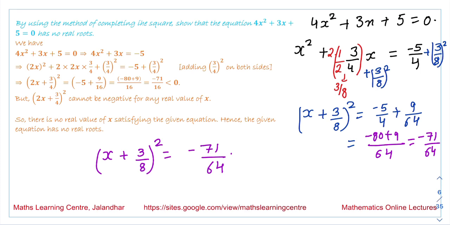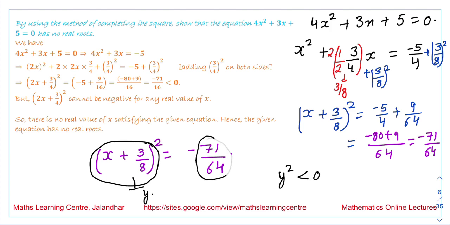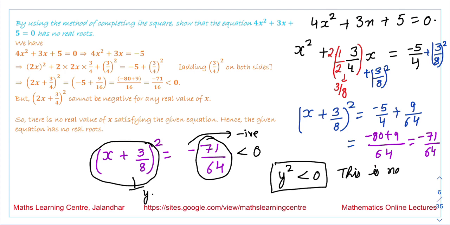We are saying this is just like any number over here. Say it is y. So what we have is that y square is less than 0. This number is negative, it is less than 0, and we know this is not possible for any real number y.